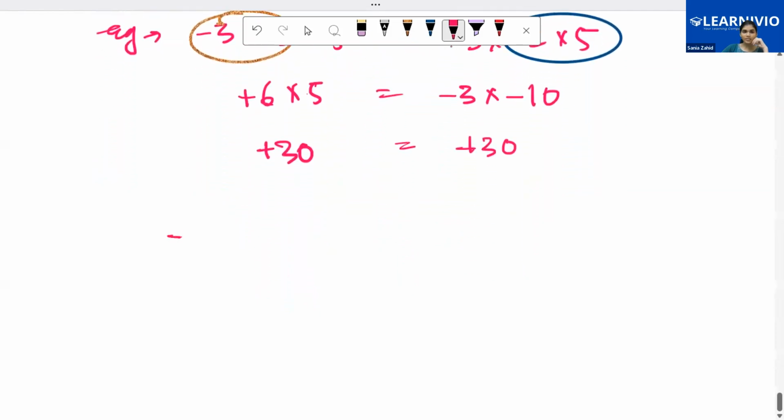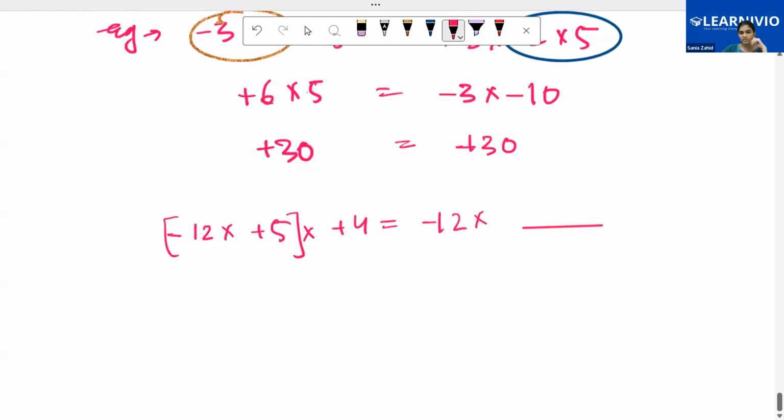Like for example, I have minus 12 into plus 5 into plus 4. And I have grouped these numbers, and then I say minus 12 into dash. So what will be here in this dash?